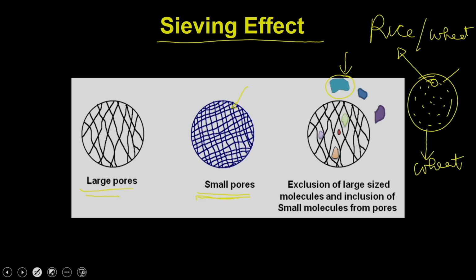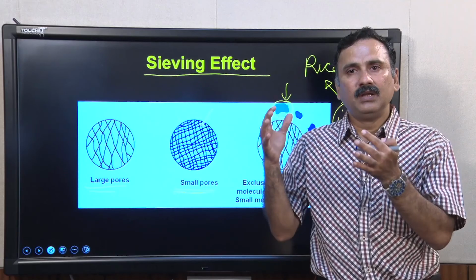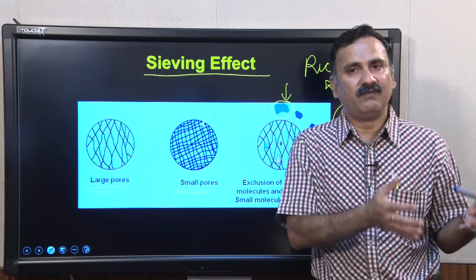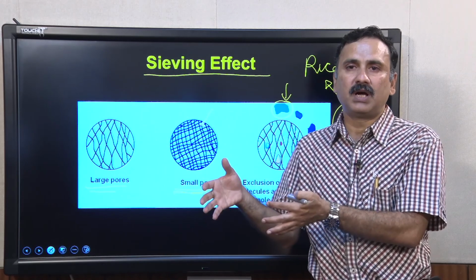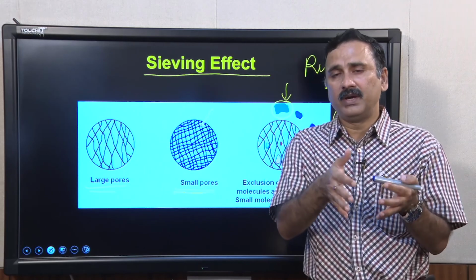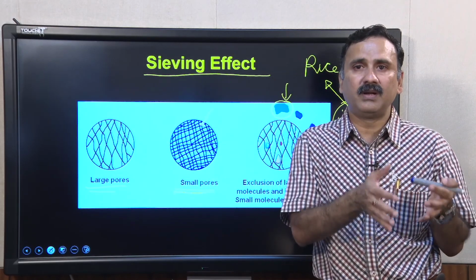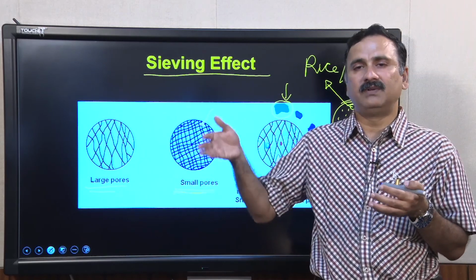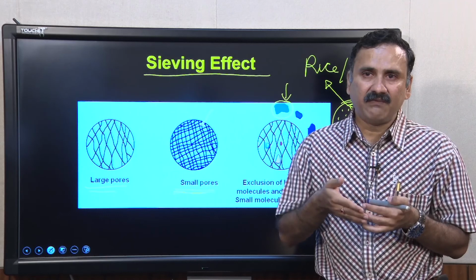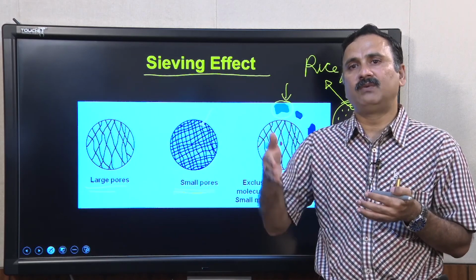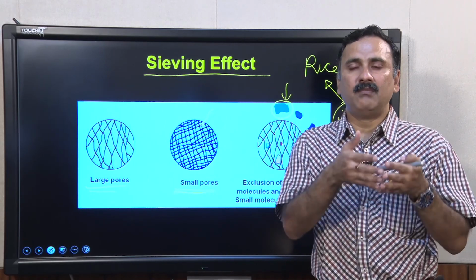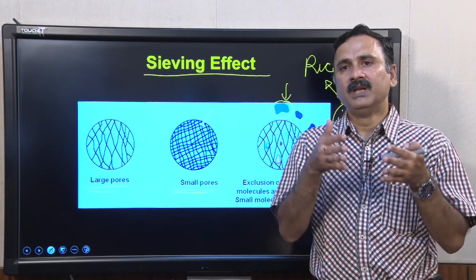As soon as that happens, the large molecules come out of the column first, and the small molecules come later. That will continue because you are not going to have pores of one particular diameter; you can have pores of different diameters, and that is how you get the sieving effect and a separation of molecules based on size. So, let us understand this in more detail.